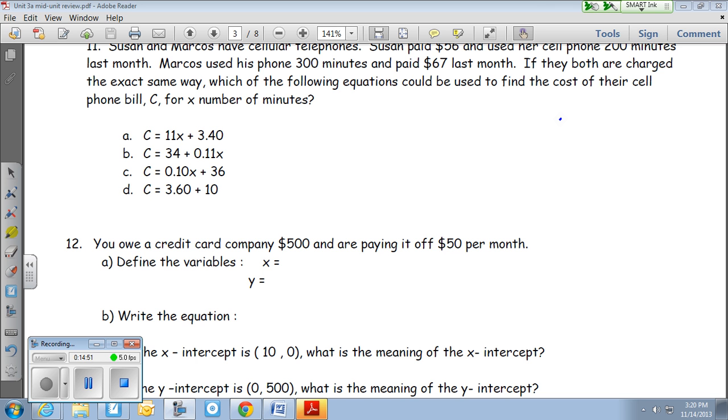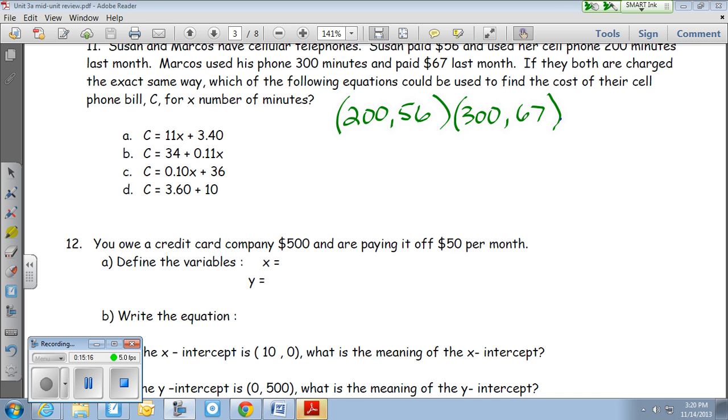So the key to this one was figuring out what the points were. Knowing what depends on what? Well, the cost depends on the minutes. So the minutes are my independent x values. So I had a point at 200, 56 for what Susan did. And then I had a point for Marcos that was 300 minutes, and that cost 67.